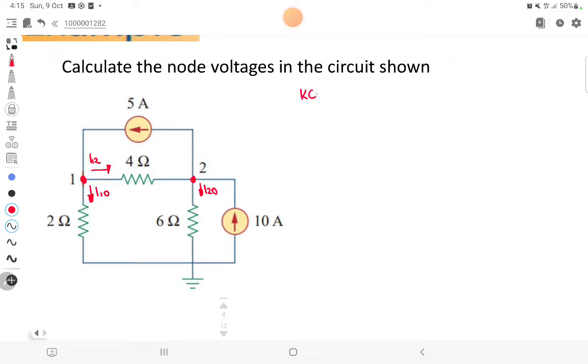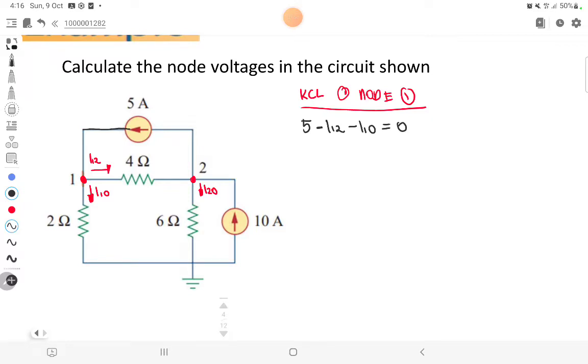So if I would take my KCL at node 1, you can see that the current entering my node 1 is my 5 ampere, and the currents going out of my node 1 are my I12 and my I10, which is equal to 0.